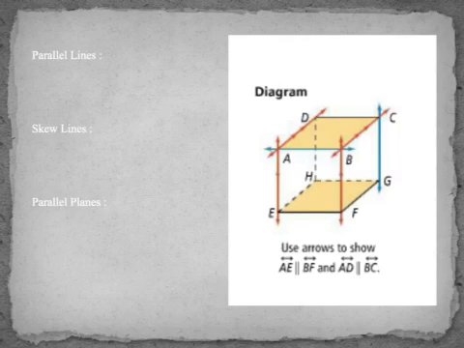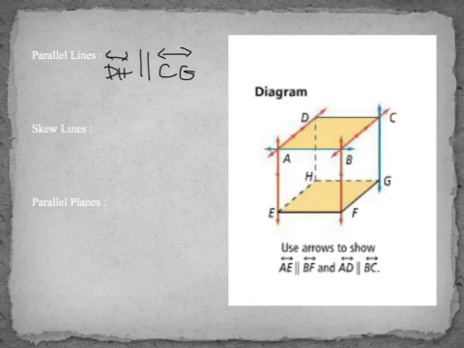So we have that line DH is parallel to what line? Well, on the same plane, so DH is on this back plane. On the same plane parallel to DH would be line CG. Now, looking at line EF, what would be parallel to line EF?